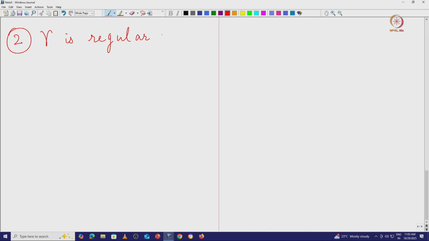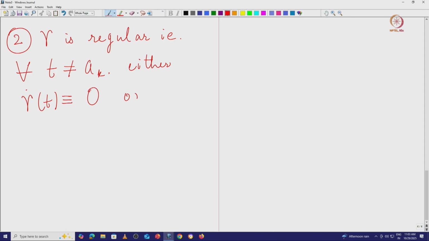What this means is that for all the smooth points, which means t is not equal to a_k, either gamma prime is non-zero, or it is never 0.